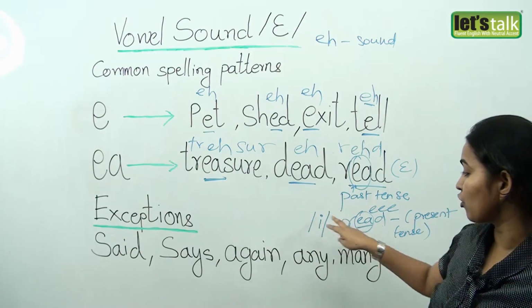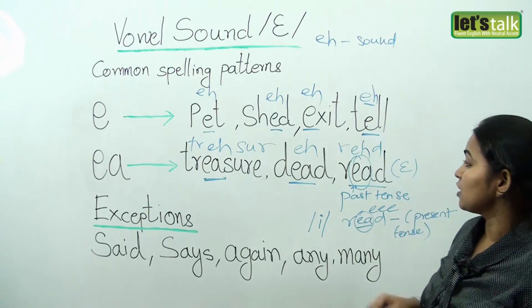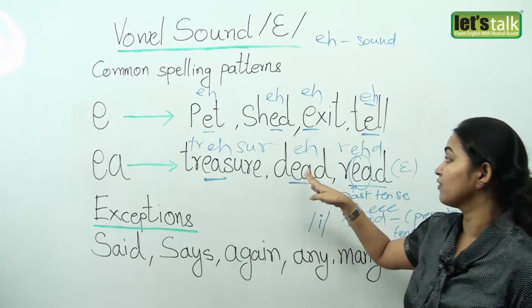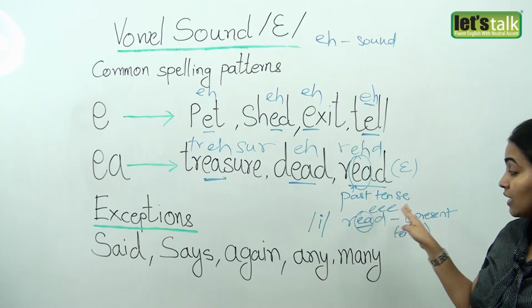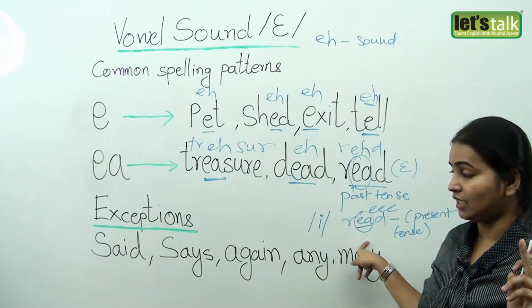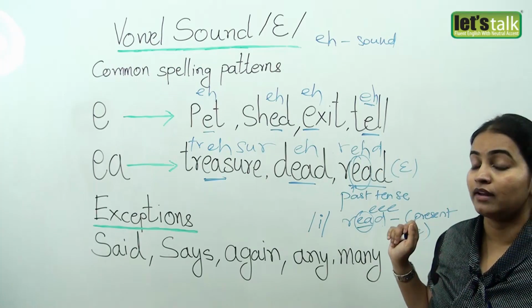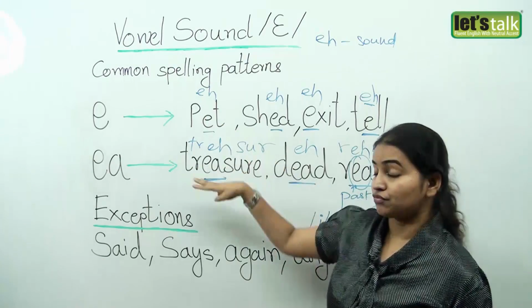So this is the symbol for the long E, and this is your short E. Okay, so we have treasure, we have dead, and we have read. Okay, so only the present tense for read is read, which is my long E, but otherwise it is red. Like I said, there are exceptions to this rule.